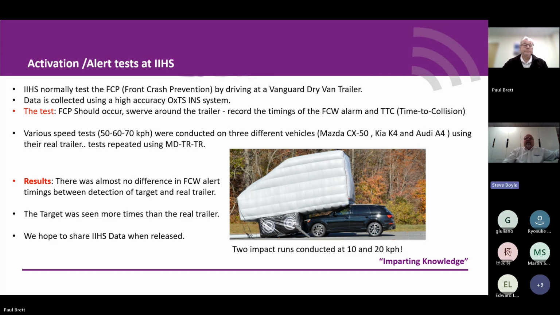It's not designed to be impacted in the same way a Soft Car 360 or an EBT or one of our other AB targets is, where it's going to get hit again and again. It was designed originally for the IIHS, which is front crash prevention, and they were looking at forward collision warning. But it is soft, so that if anything goes wrong, you're not going to damage any cars or anything.